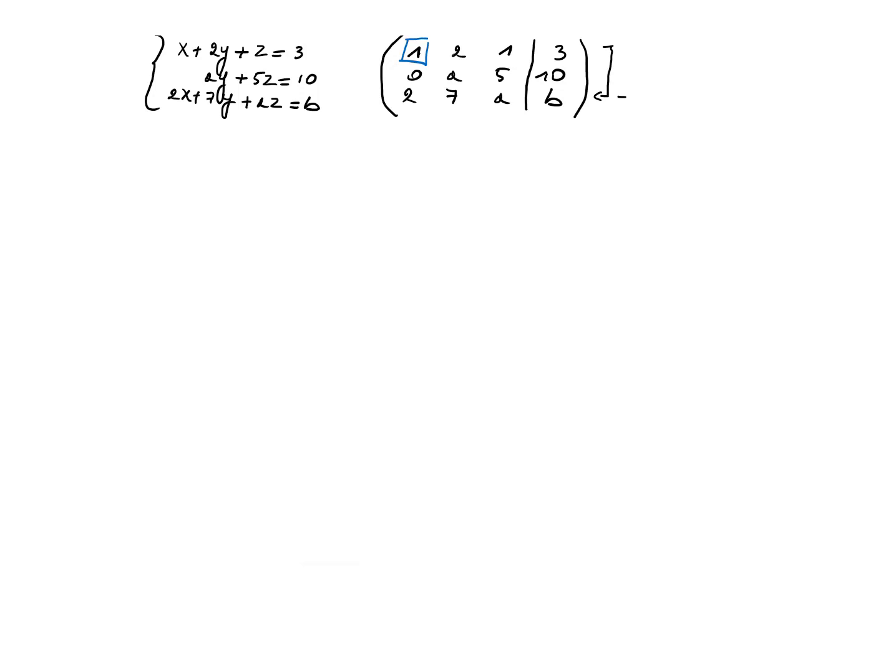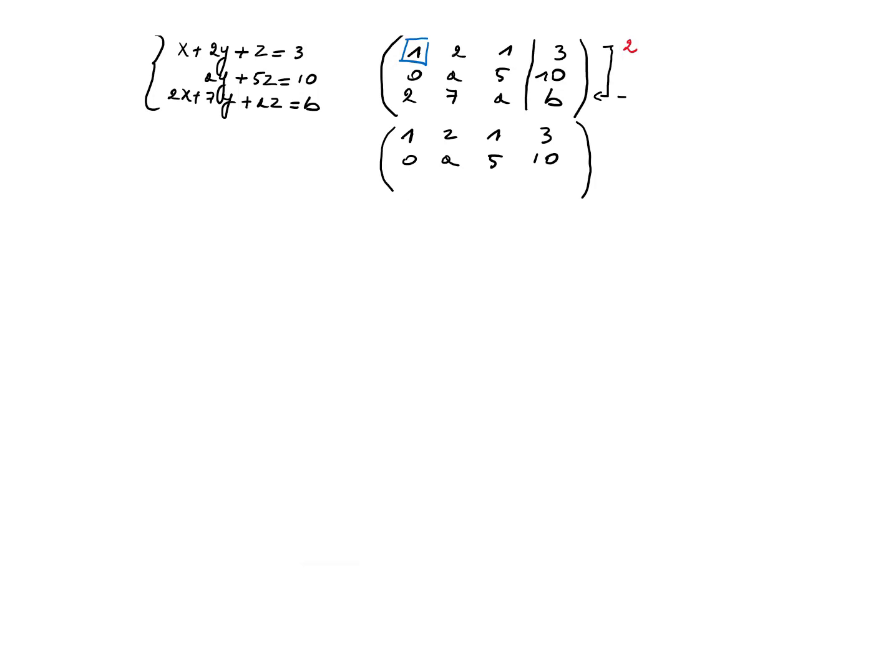So we have a 2 over here, right? So in this case we can just copy the first 2 lines, 0, A, 5, 10, 2. Oh no, that's not a 2. I cannot copy this one.